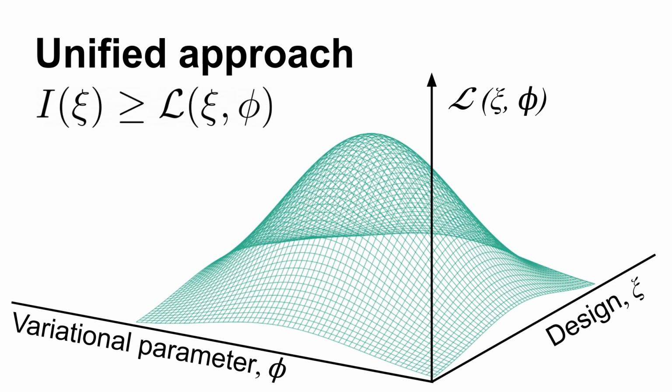But then the idea in this stochastic gradient paper is, why not optimize with respect to the design and the variational parameter simultaneously? So instead of solving a single optimization problem in phi, but then repeating that for different designs, we could solve one optimization problem on this extended set of variables, both design and variational parameter.